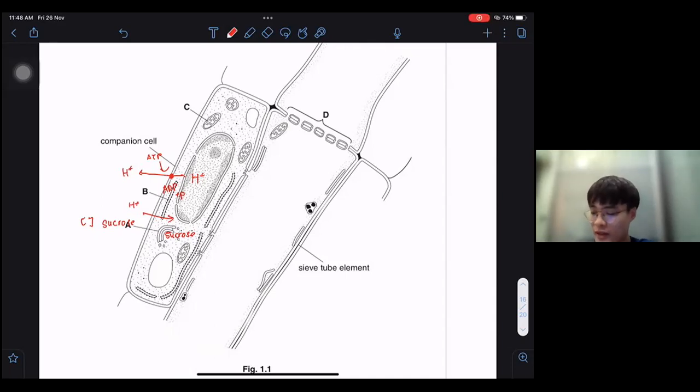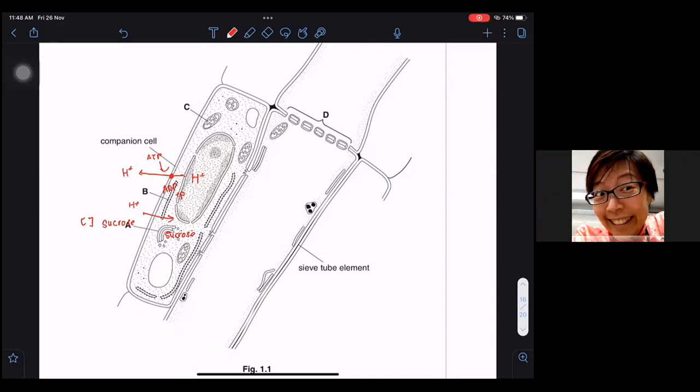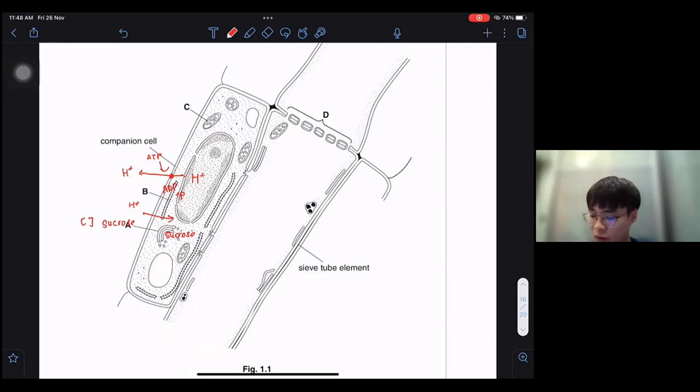So sucrose has to co-transport together with H plus ions through a proton-sucrose carrier protein. You have to note that it is sucrose co-transported together with H plus, but not H plus co-transported with sucrose. When they enter the cells, the water potential of the cells drops, and this causes H2O from neighboring cells to enter the companion cells through osmosis, down the water potential gradient.